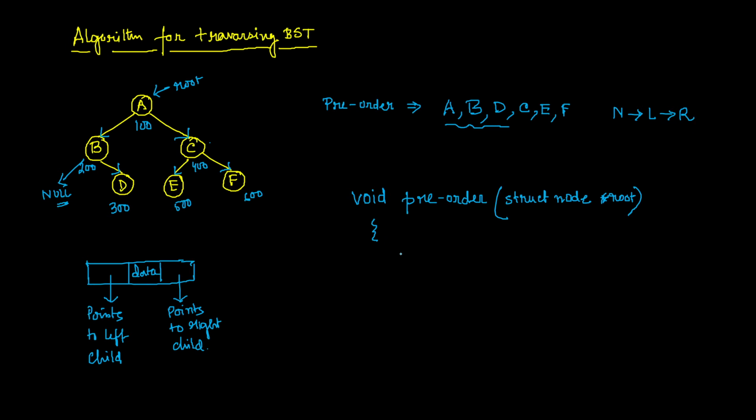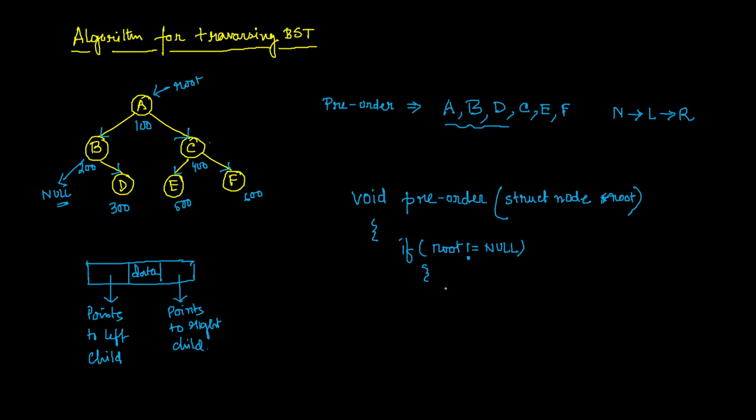So here I must have a check: if root not equal to null. If it is equal to null, then do nothing. If it is not equal to null, then only I will do all the steps that I have just said.